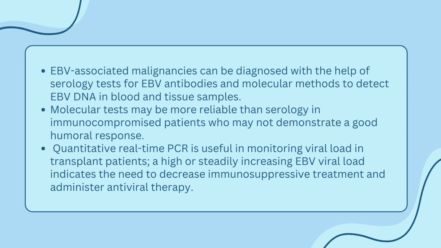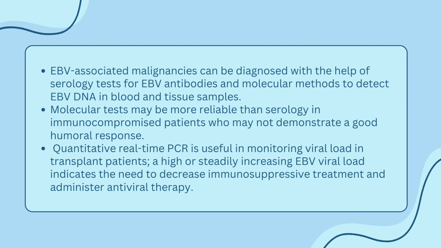And EBV-associated malignancies can be diagnosed with the help of serology tests for EBV antibodies and molecular methods to detect EBV DNA in blood and tissue samples. Molecular tests may be more reliable than serology in immunocompromised patients who may not demonstrate a good humoral response.